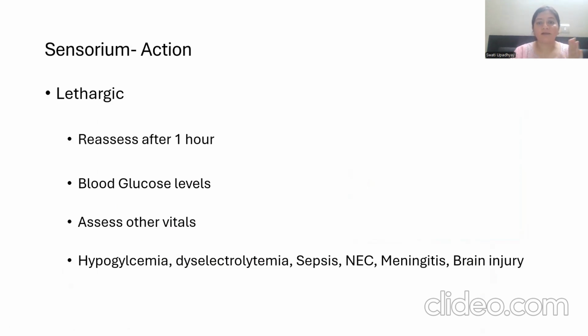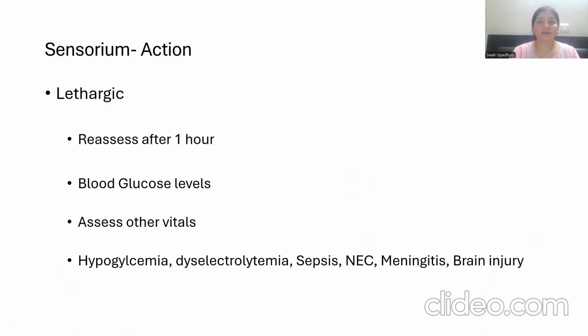So, having assessed the sensorium, once you have seen that the baby is lethargic or unconscious or is having convulsion, now what is the next step to do? If the baby is lethargic, do not wait, you should act fast. Check the blood glucose levels. Hypoglycemia is a very common reason for lethargy in babies.